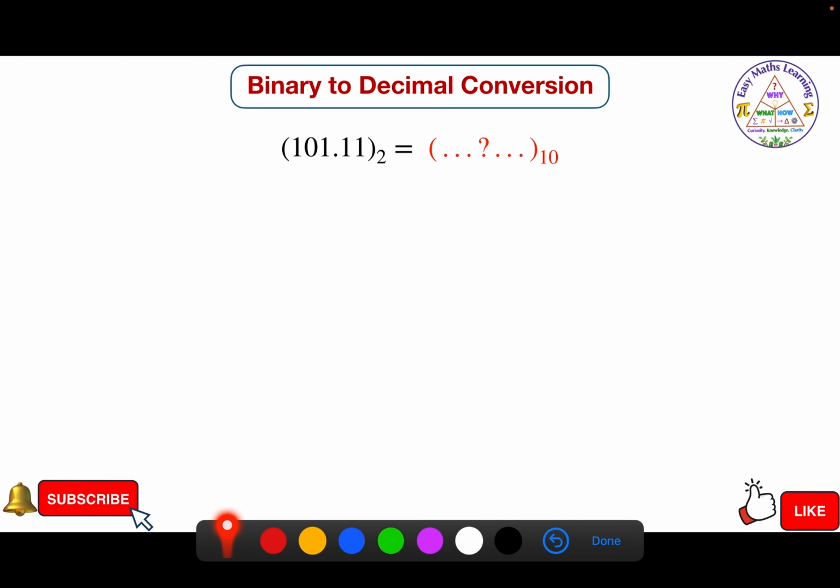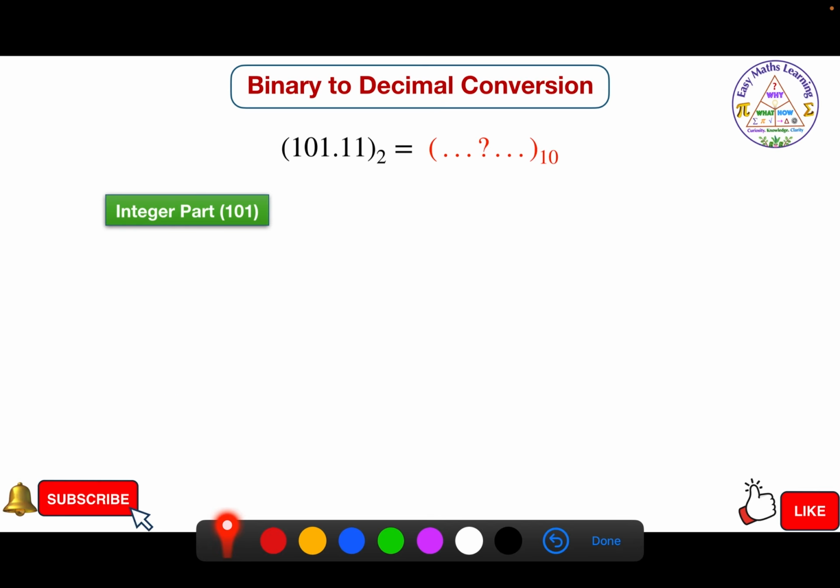So again we split the binary number in two parts, in integer part which is 101 and fractional part which is 0.11. So for binary to decimal conversion, we use the place weights of bits, which are powers of 2.